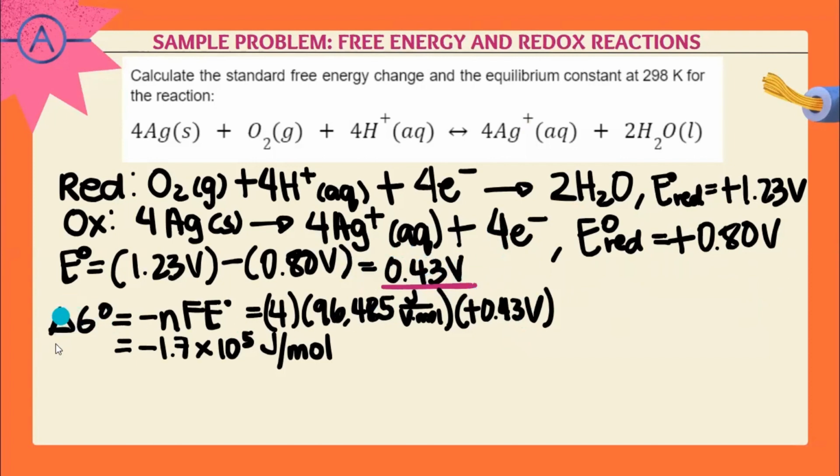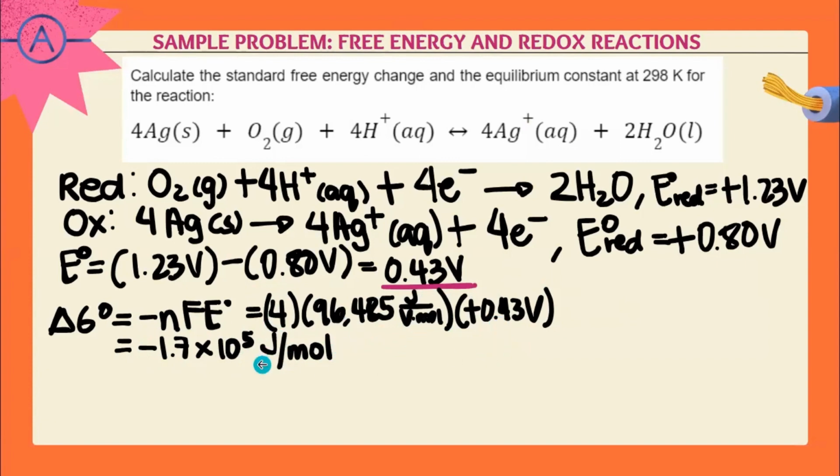Then to measure the Gibbs free energy, all we have to do is use this equation where we supply the total number of electrons. We can see that both reactions have 4 electrons each. So we input 4, then this one is Faraday's constant, then this is the electric potential. We multiply these values and we get negative 1.7 times 10 raised to 5 joules per mole.